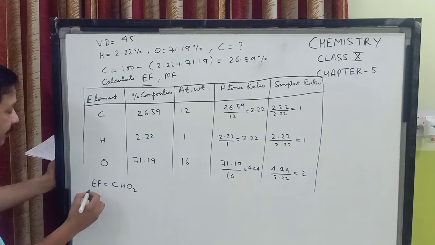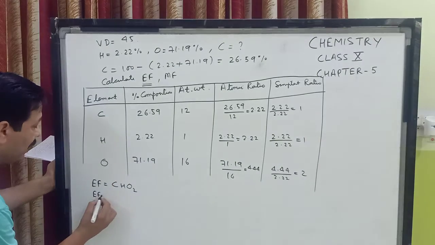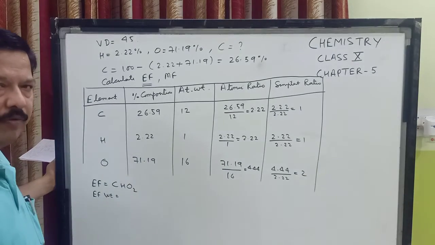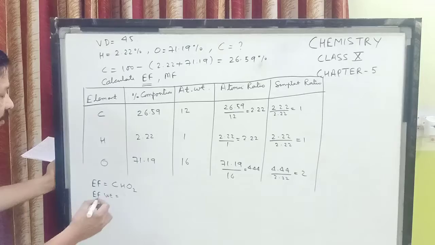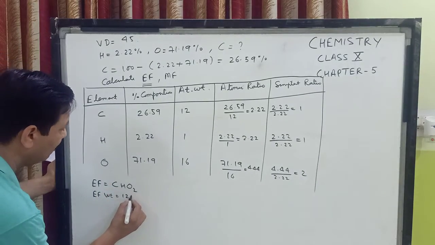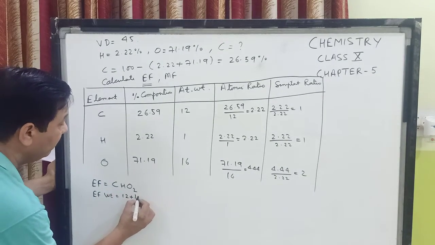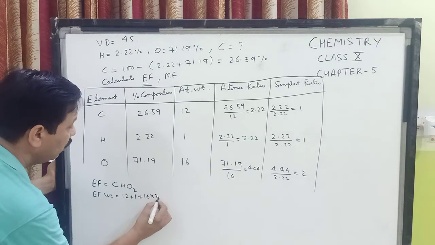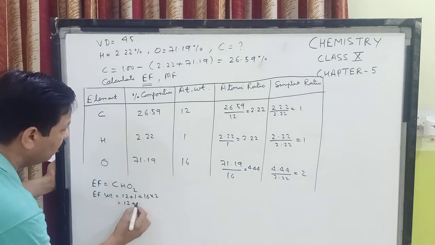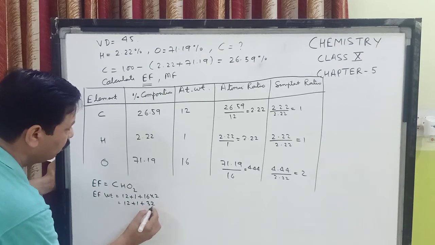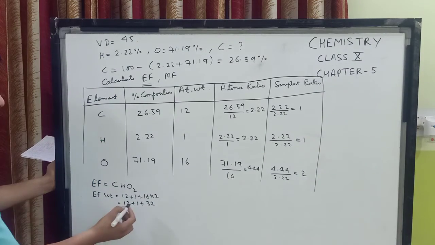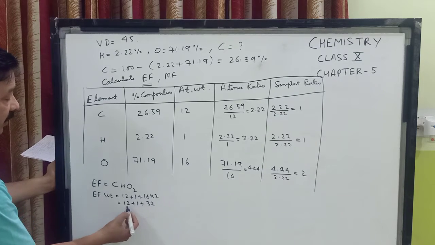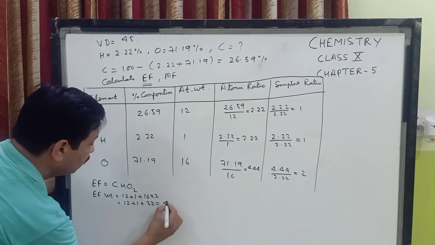Now children, the next step is to find the empirical formula weight. Here we calculate the empirical formula weight. Carbon is 1, so 12. Hydrogen is 1, so 1. And oxygen is 2 atoms, that makes 16 into 2, which is 32. So 12 plus 1 plus 32, that makes 45.